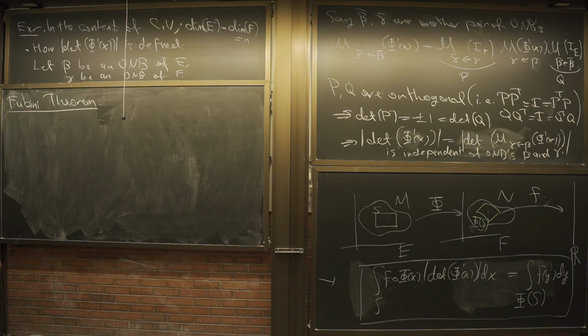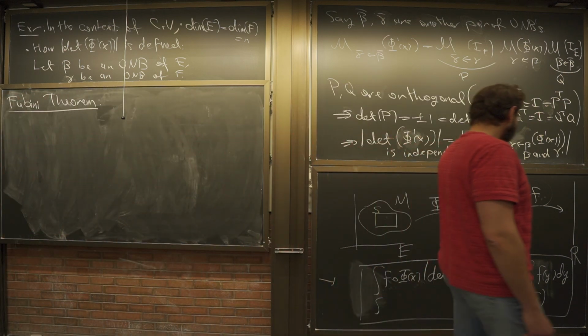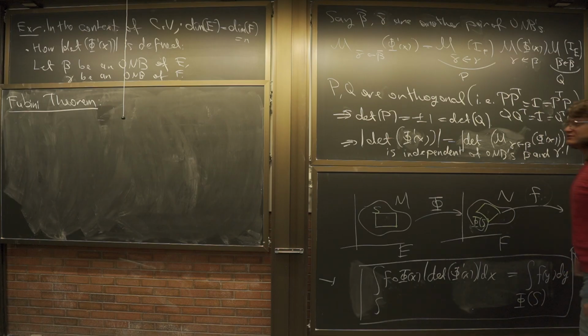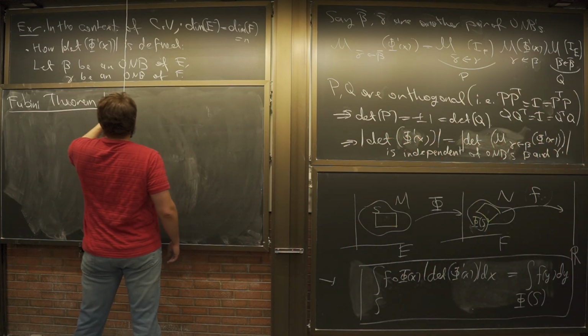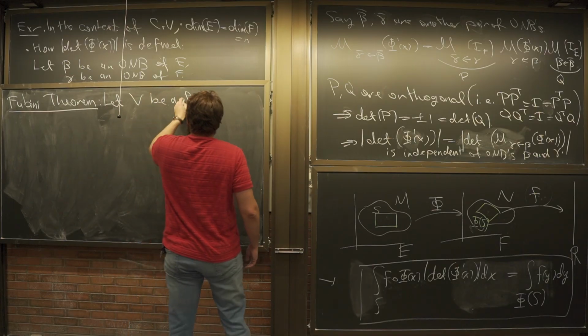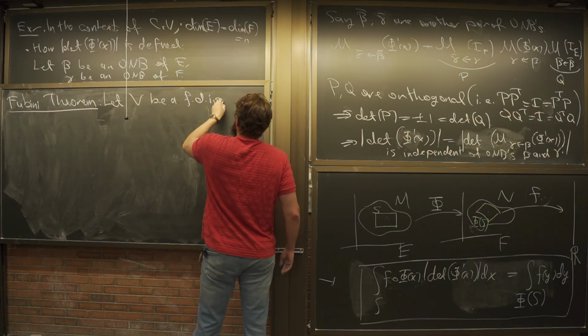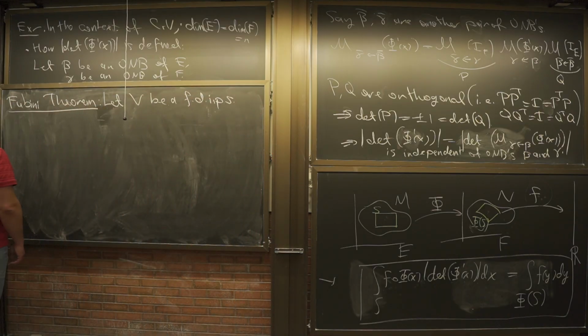We can state it for vector-valued functions as well, but let's keep it simple and state it for real-valued functions. Let V be a finite-dimensional inner product space so that I can do integral calculus on it.